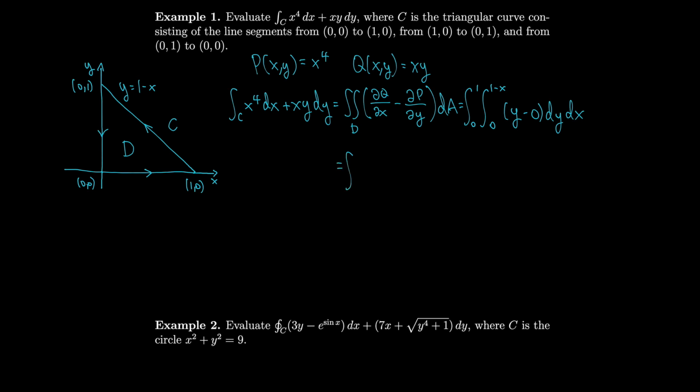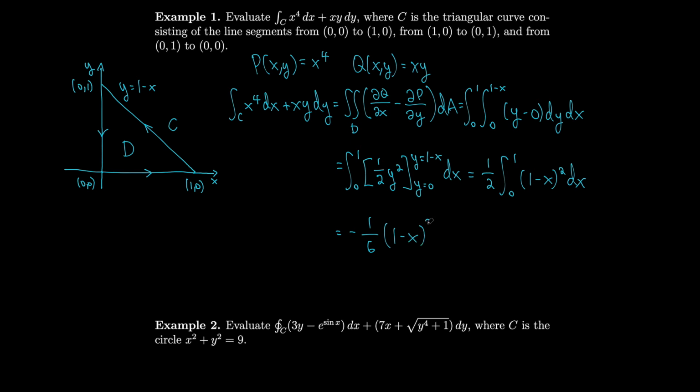So we get the integral from 0 to 1 of 1/2 y squared from y equals 0 to y equals 1 minus x. And that becomes half the integral from 0 to 1 of (1 minus x) squared, which is -1/6 (1 minus x) cubed. Quick mental substitution from 0 to 1, which is 1/6.